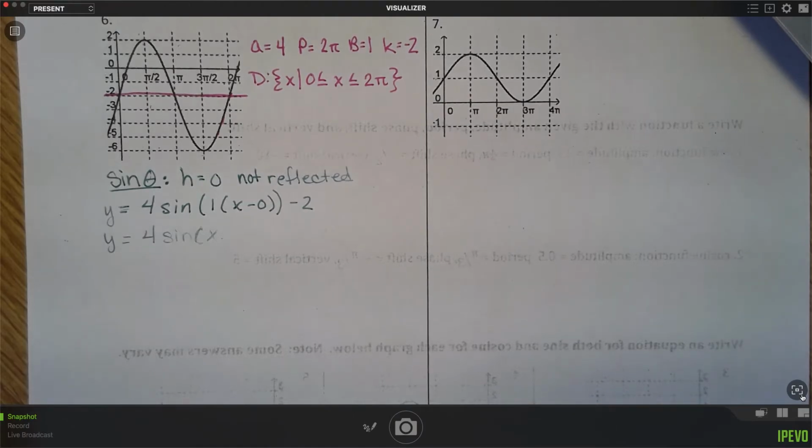I'd be done if my pen would work. It's brand new. So, did you get 4 sine of x minus 2? Okay.